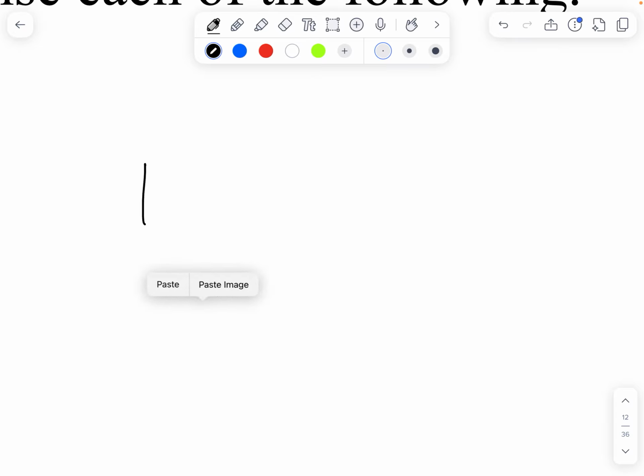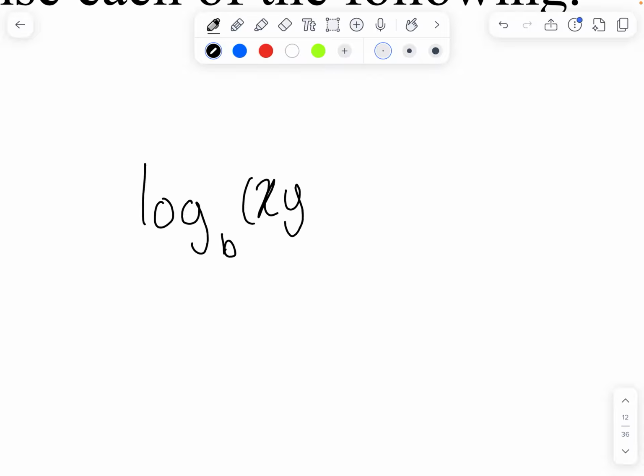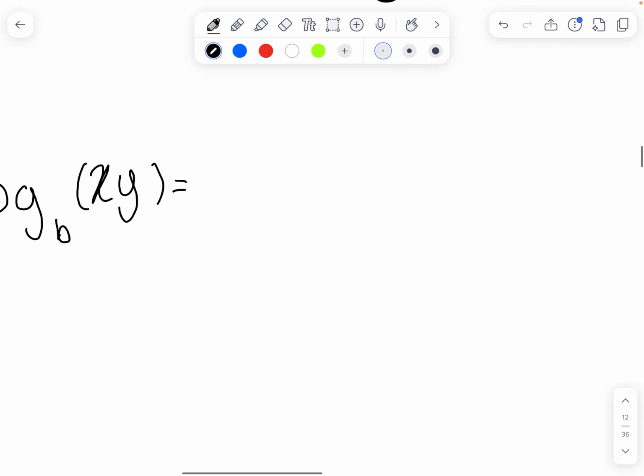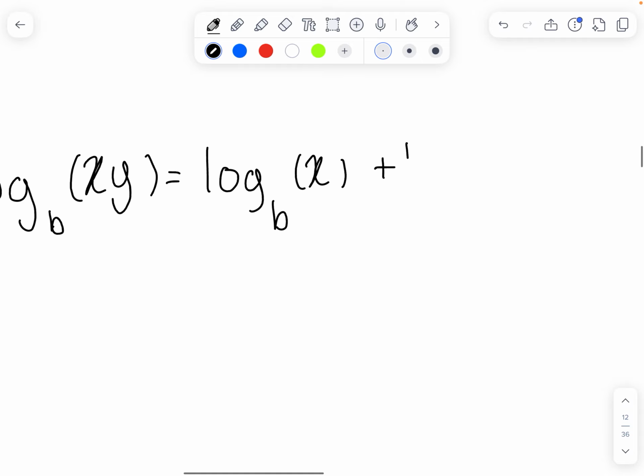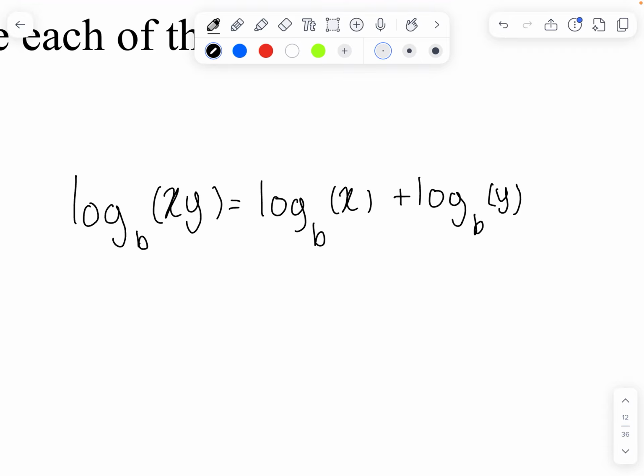The product rule is stated like this: log base b of xy is equal to log base b of x plus log base b of y. Notice how the multiplication inside of the logarithm becomes addition on the outside. This is the product rule.